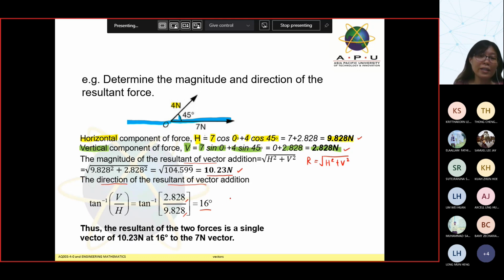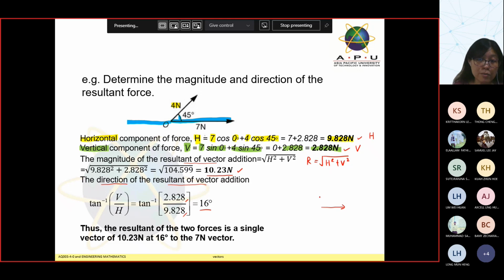Then how do we know which quadrant the resultant vector is in? Okay, then you look at your horizontal and vertical. So this is the horizontal, this is the vertical. Both vertical and horizontal are positive. So if your horizontal is positive, it means towards this direction.